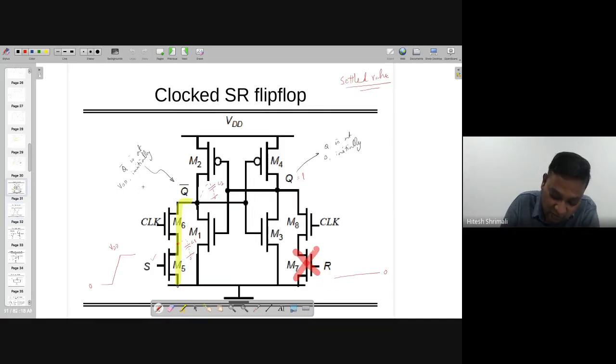So when this is going from VDD to zero, but not yet reaching zero, I would say it looks like this.